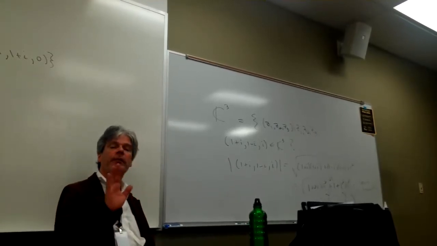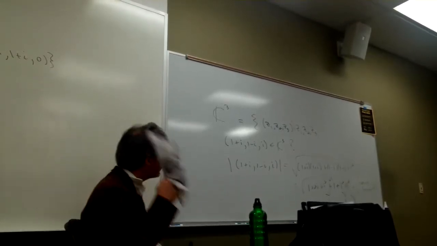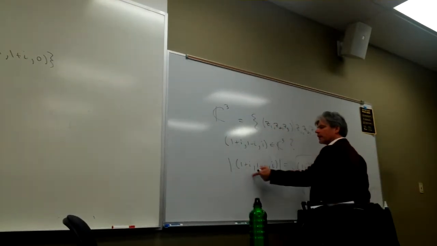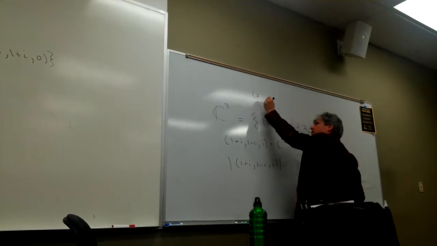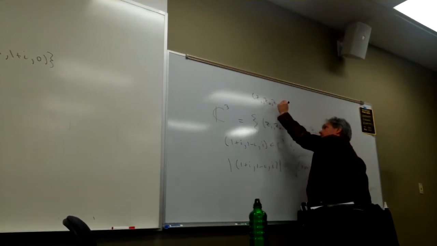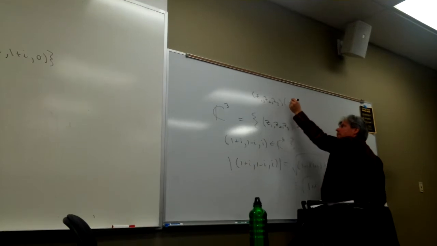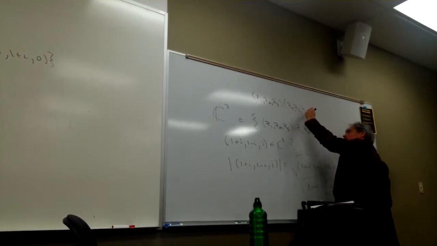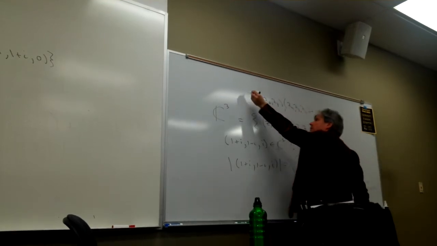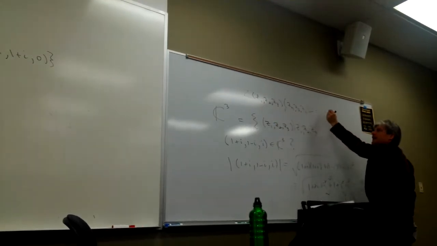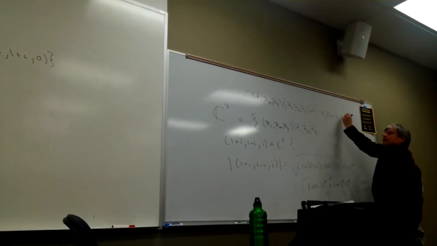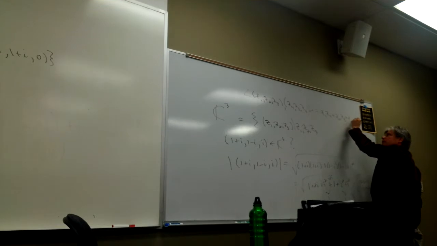So just because I want to get around this, here's what I have a tendency to do. When it comes to inner producting one element like this with another one, I have a tendency to say it's z1 times z4 plus z2 times z5 plus z3 times z6.